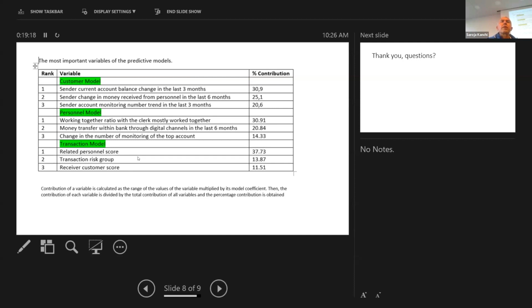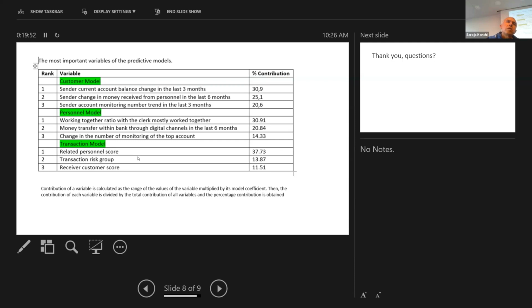So sometimes if the personnel is doing something, he has to inform the clerk, or maybe they cooperate. So what is the ratio of the transactions where he uses the same clerk? That was important. Money transfer within bank through digital channels in the last 6 months, and change in number of monitoring of the top account were the next important attributes.